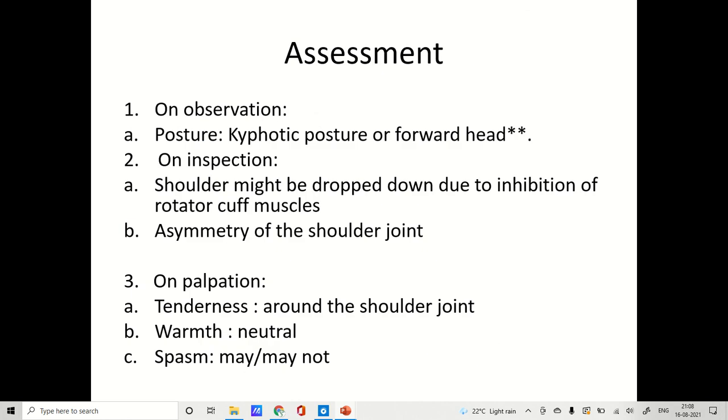Coming to the assessment. Physiotherapy assessment on observation: the posture of the patient will definitely be a kyphotic posture or forward head. On inspection, the shoulder might be dropped down due to inhibition of the rotator cuff muscle, as we saw in secondary impingement syndrome, and there is asymmetry of the shoulder joint, because sometimes in rotator cuff dysfunction the deltoid is overactive.